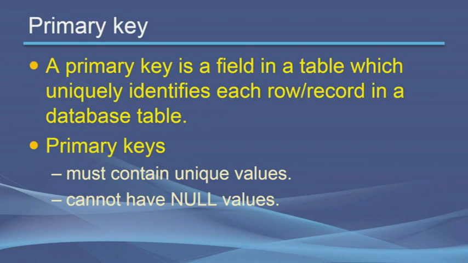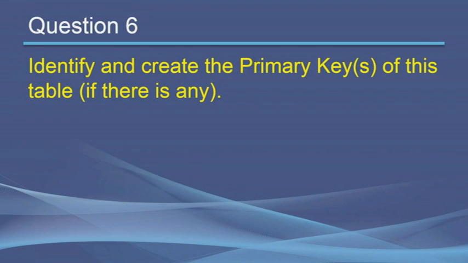So, in the question you are asked to define the primary key. Here it should be copy ID, because there are different books here, Word and Access, but there are a number of copies.